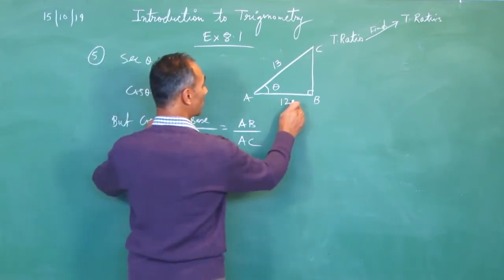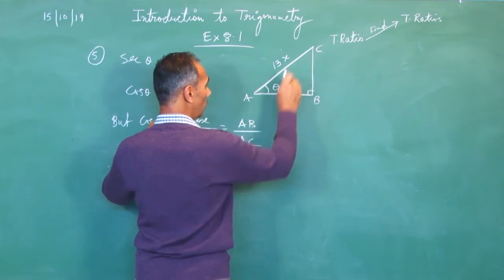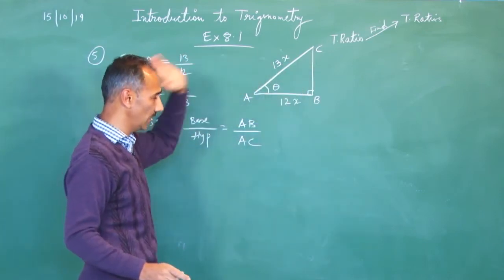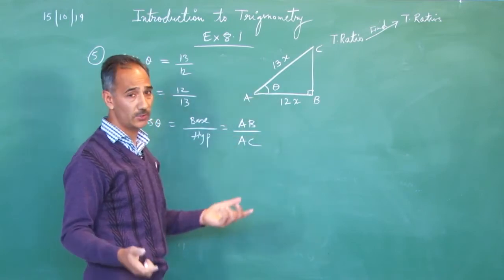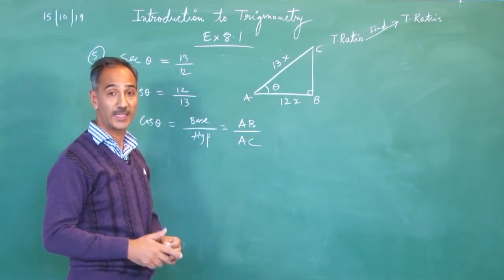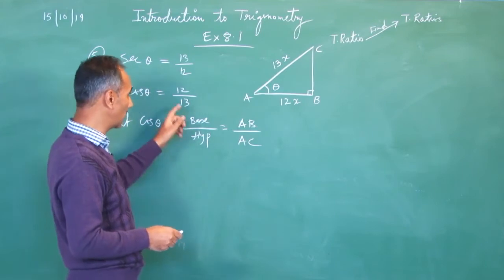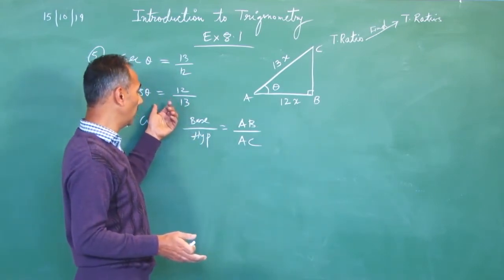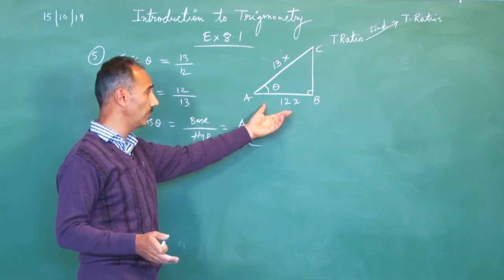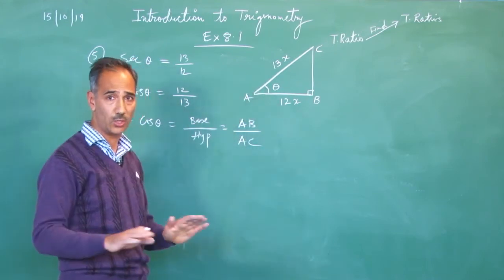So we take this as 12x and 13x, or you could take 12k and 13k, whatever you want. We don't know what the common factor that has been cancelled is, because it's expressed in the lowest terms. In one situation the base could be 12 units and hypotenuse 13, but not in all situations.